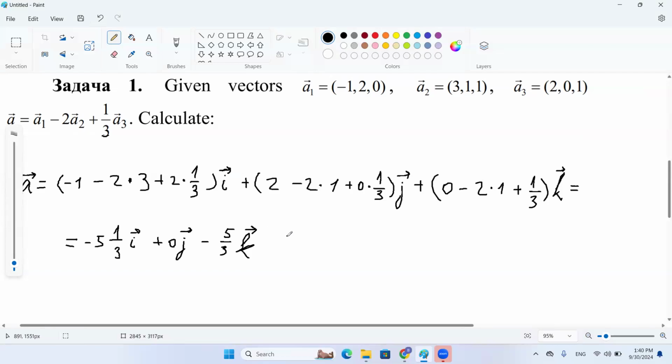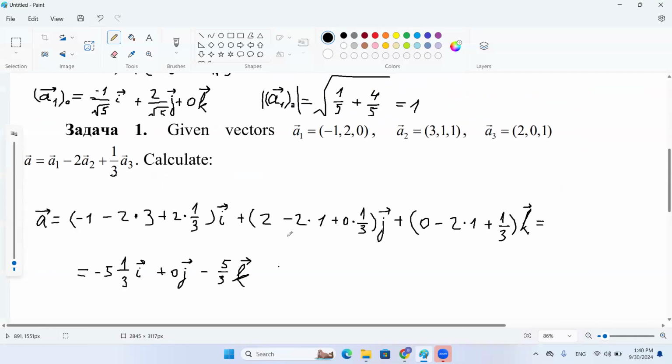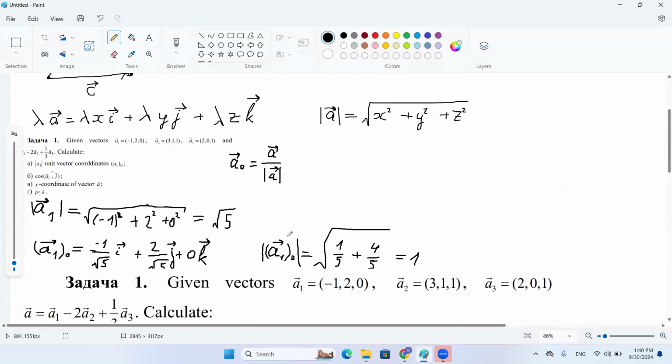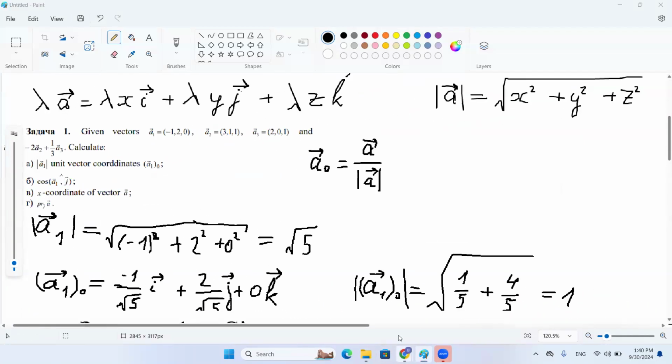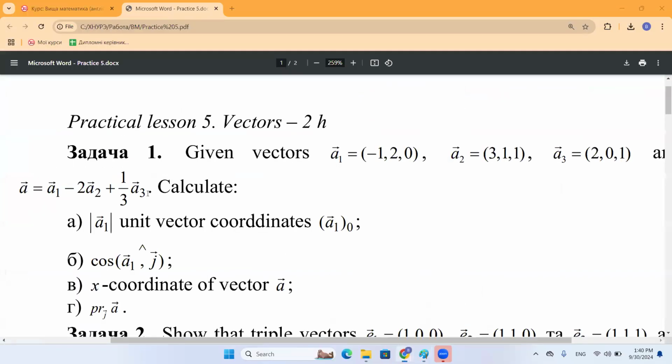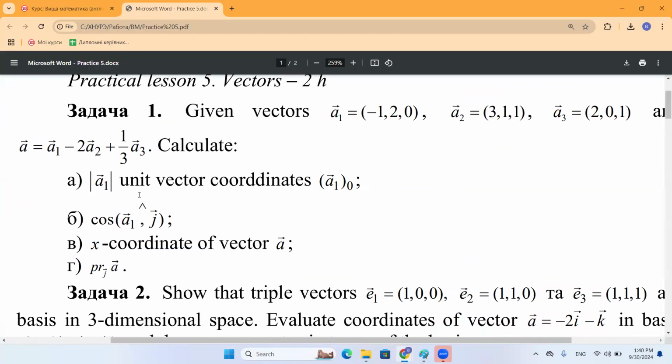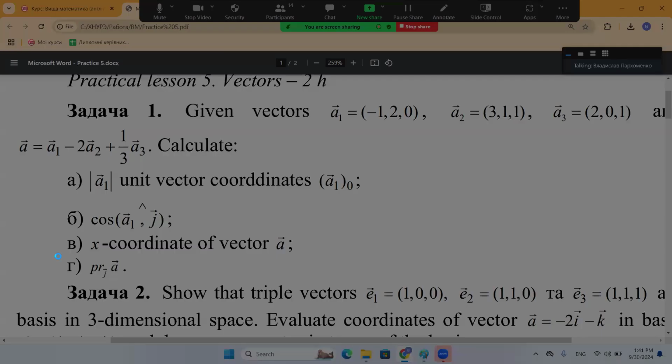Okay, so is everything understandable for now? Any questions? No. Okay, and do you remember how to find the projection of the vector A on j vector?